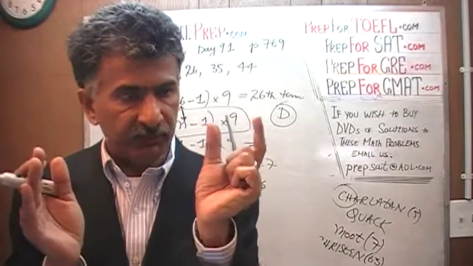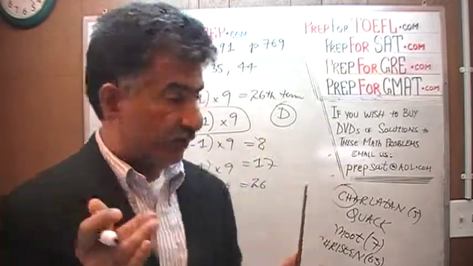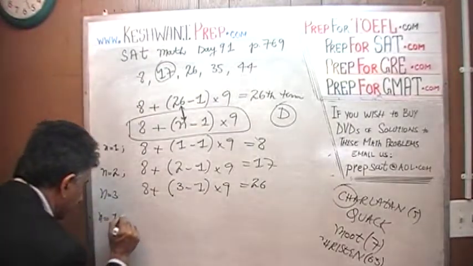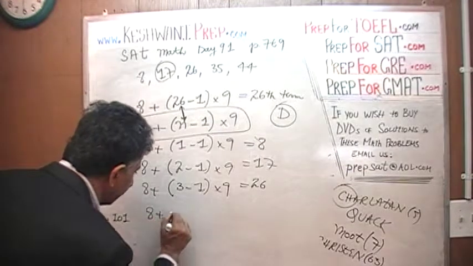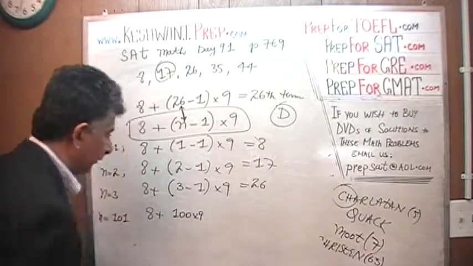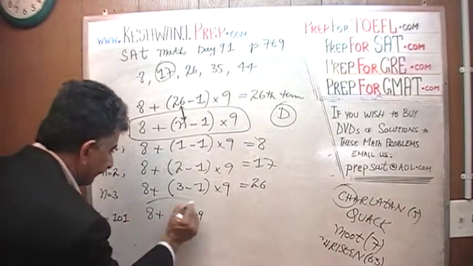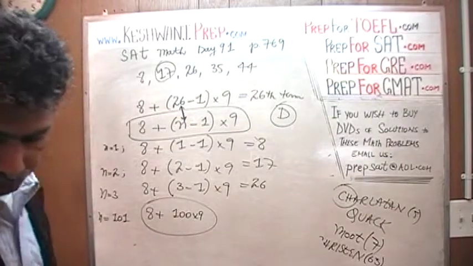So 100 more terms plus the first term is 101 terms, and therefore the 101st term, n equals 101, is simply going to be 8 plus 100 times 9, because it's 101 minus 1. 101 minus 1 is 100, so 100 times 9 plus 8, and so forth.